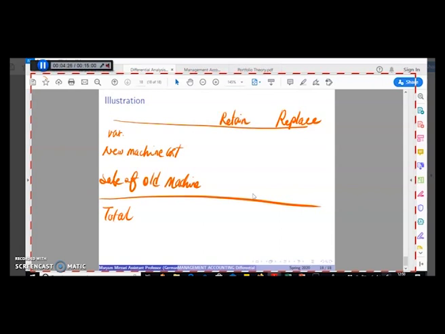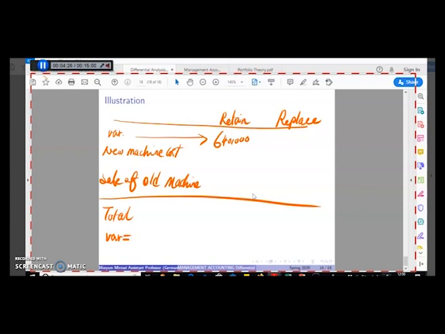So in case of retain, we had $640,000. From where did I get this $640,000 variable cost? I will calculate it here for you.